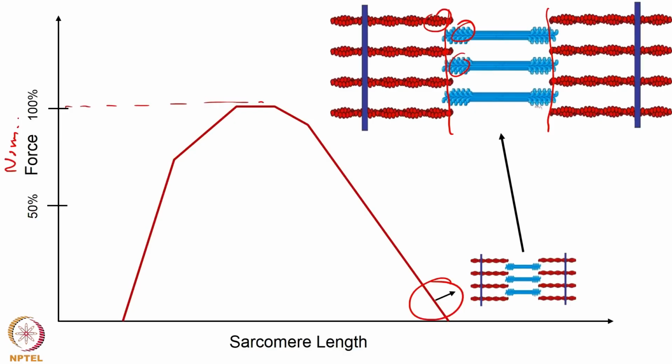As the length increases, the force increases until some point, like it happens in a spring, right. Like you have stiffness, the slope of this relationship indicates some form of stiffness, right.